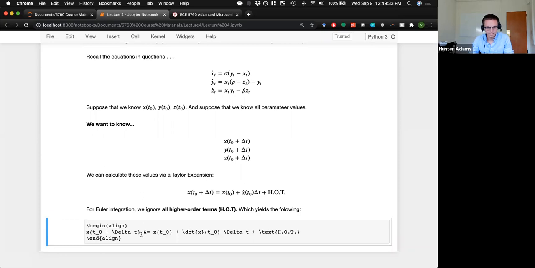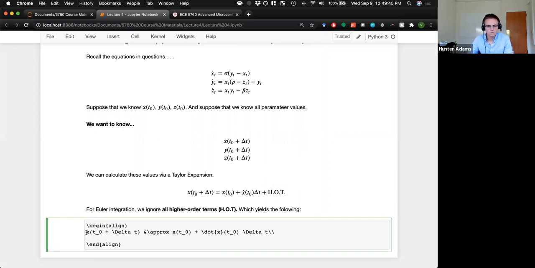We say that x at t0 plus delta t is not exactly equal to, but approximately equal to, close enough to just that first term, ignoring all the higher order expressions. And then the same is true for y and for z. So we have a similar expression for y. And then we have a similar expression for z.